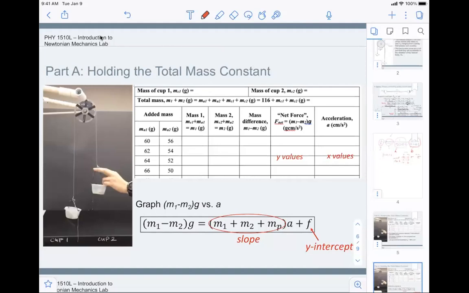Okay, so you got your x values as your acceleration. You got differences in masses times 980. Again, we use 980 for g. You get your y values. You plot the y versus x. This is your y. This is your x. And from the data, if you plot using Excel, you say add trend line, show equation.